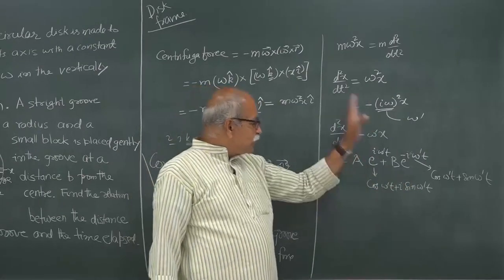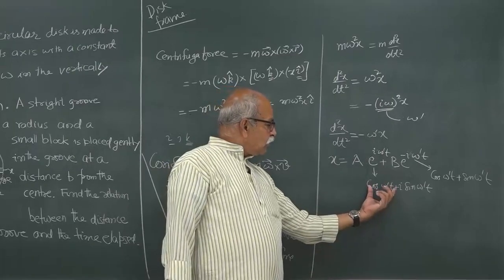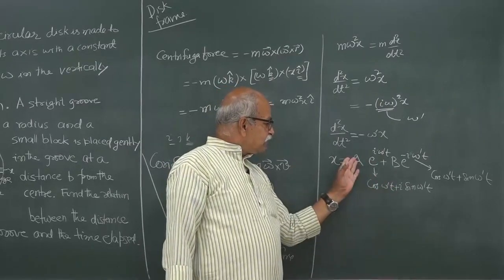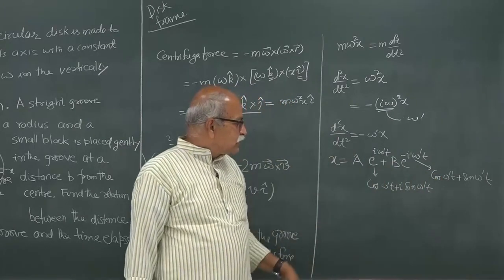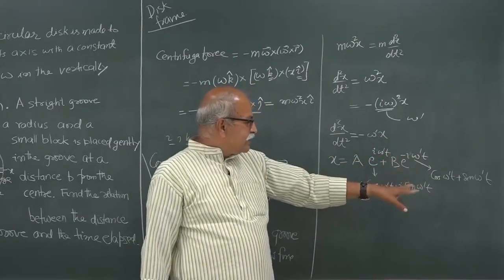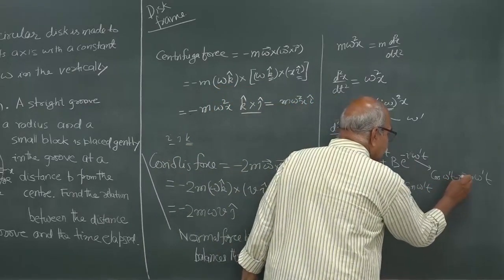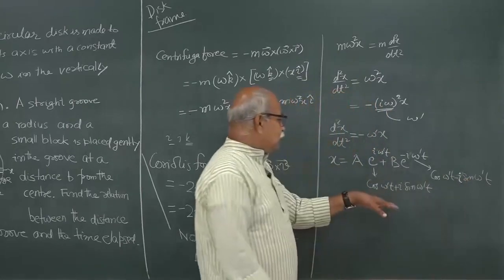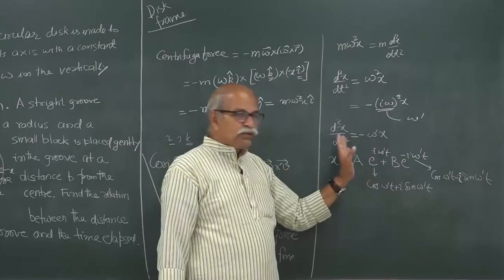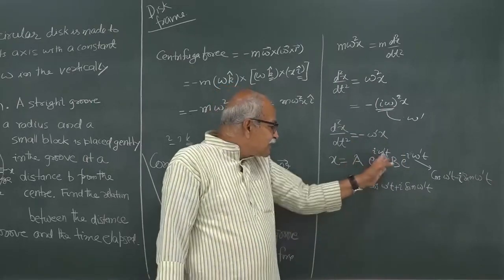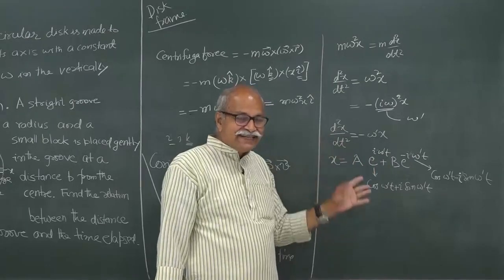The constants will be correspondingly adjusted. So this expression, cosine type or exponential type, both are equivalent, only these constants will change. They are anyway arbitrary and will be decided by the initial conditions.